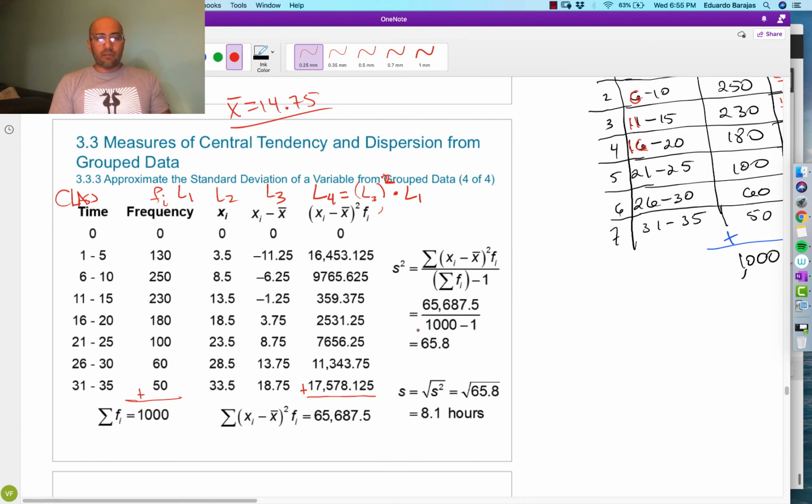That gives you this number. So right now, he's keeping it as S squared. Remember, this is variance. Variance is S squared. Standard deviation squared is variance. So we found sample variance. But now if we want the standard deviation, we're going to take the square root of it. And so here we go. S is equal to 8.1.